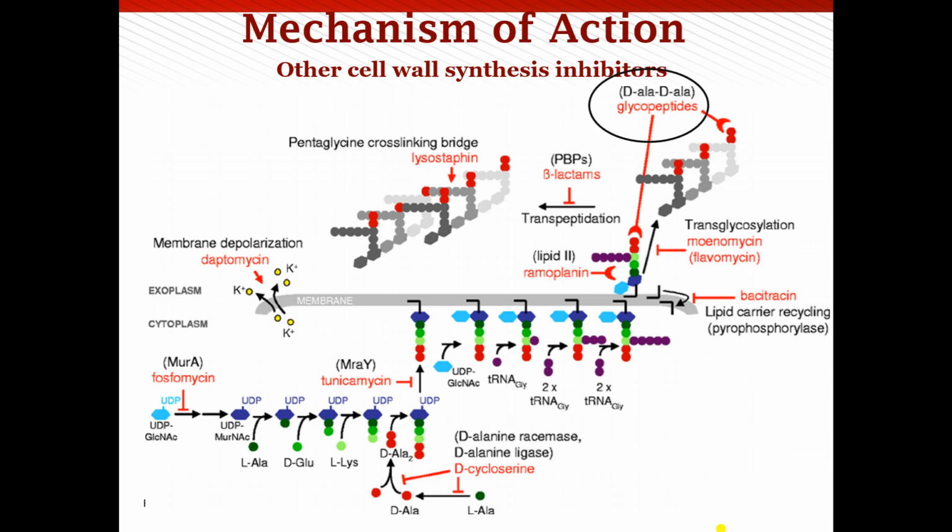Here you can see the mechanism of action of the glycopeptide in a diagrammatic presentation. It combines with the D-alanine end of the polypeptide chain, and by combining here it does not allow further growth of the peptide chain, so the bacterial cell wall cannot be synthesized properly and a cell wall deficient form results, leading to a bactericidal effect.